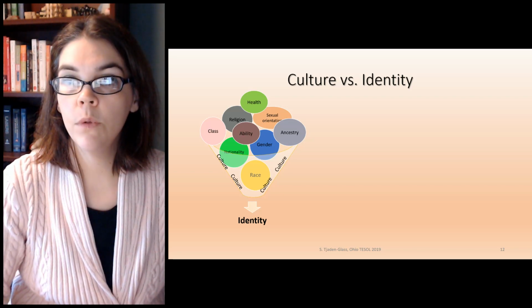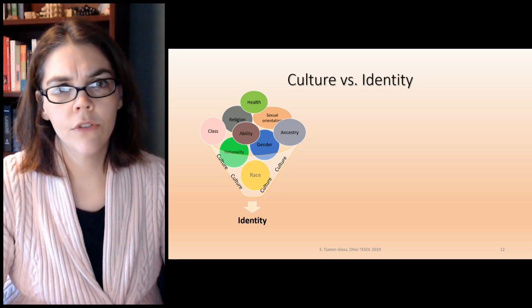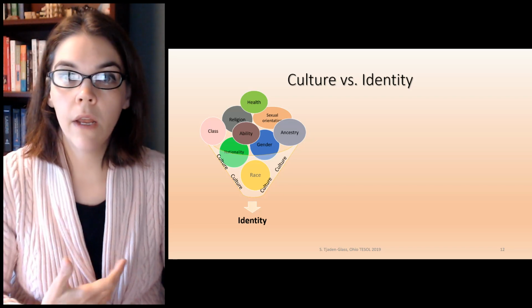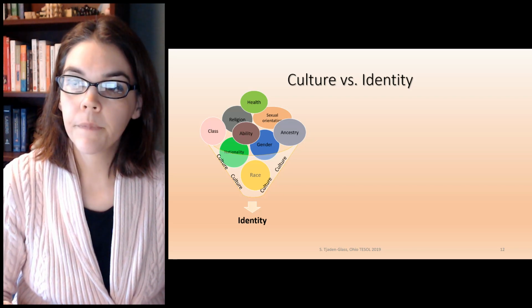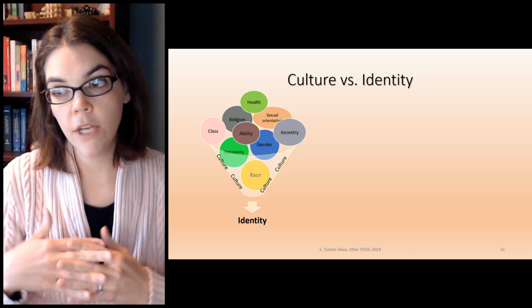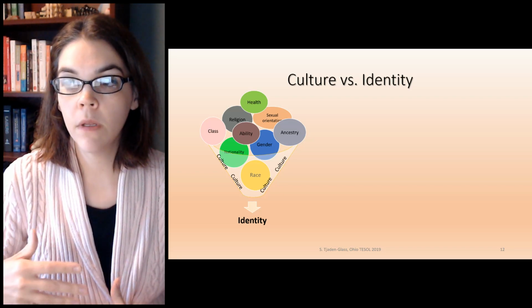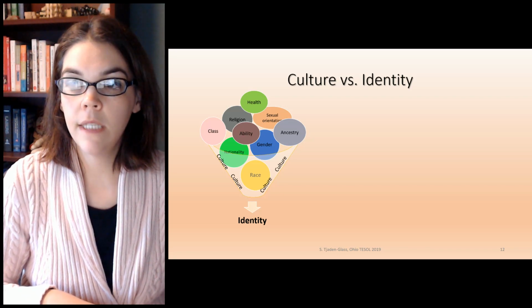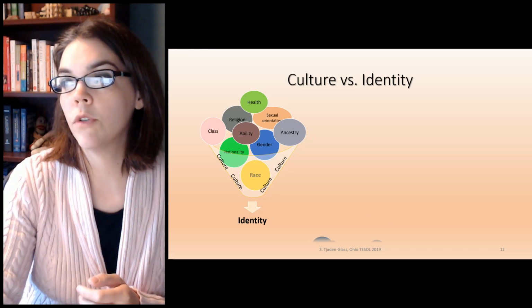If you don't have a disability, you may not ever think about the fact that you're not blind or you're not deaf or you don't have a physical limitation that requires that you do things differently. But all of those aspects of ourselves overlap and mesh together, and all of them are filtered through our culture. And that's really the relationship that these two things have. We have an identity that is composed of all these things, and all of it is funneled through culture.